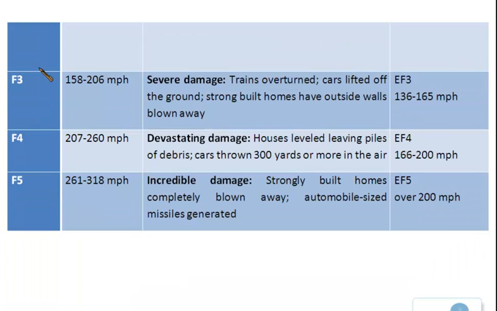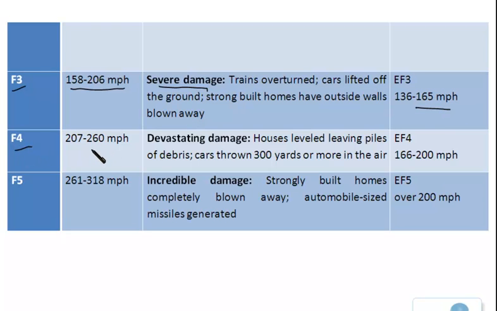Looking at the F3 scale, the wind speed is 158 to 206 miles per hour, and the possible damage is termed severe damage, and the EF3 is 136 to 165 miles per hour.